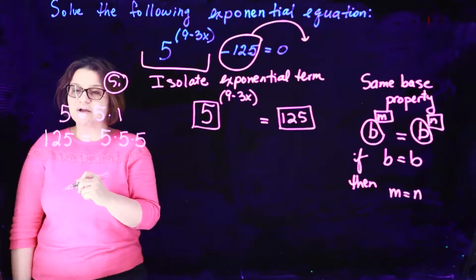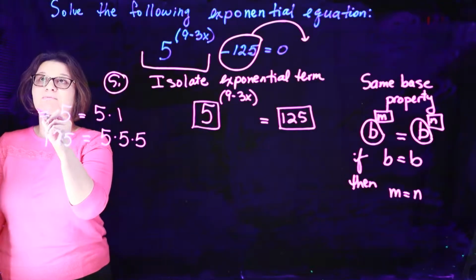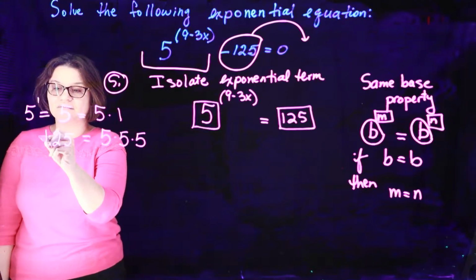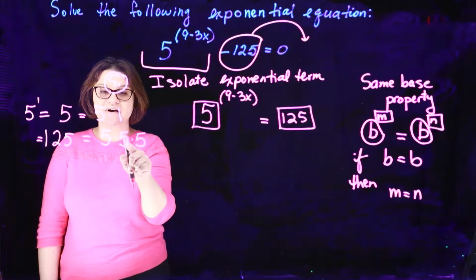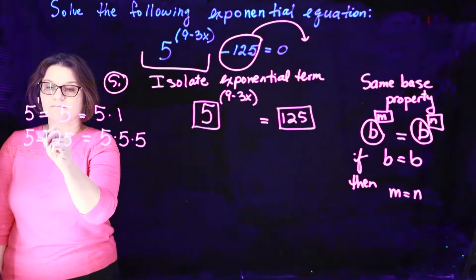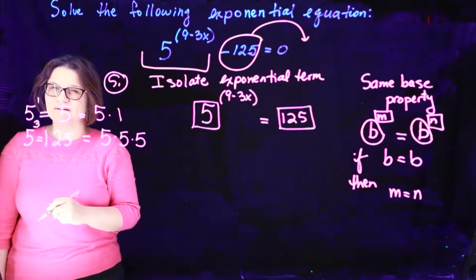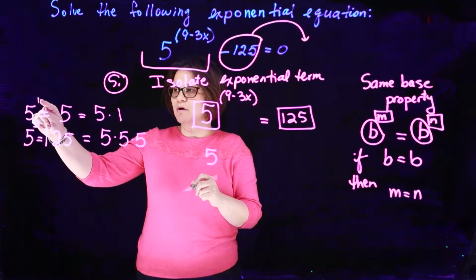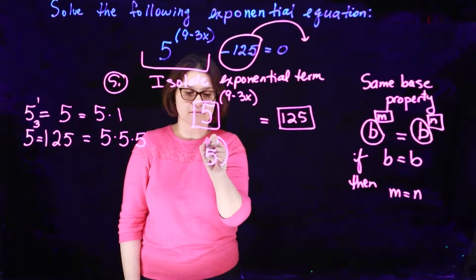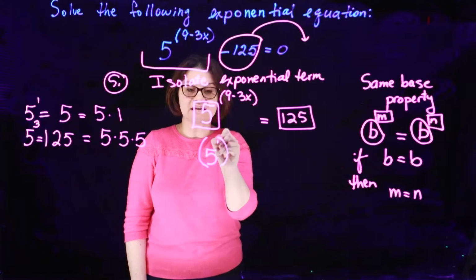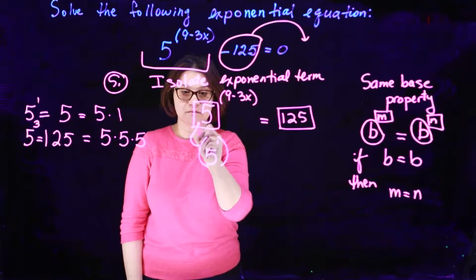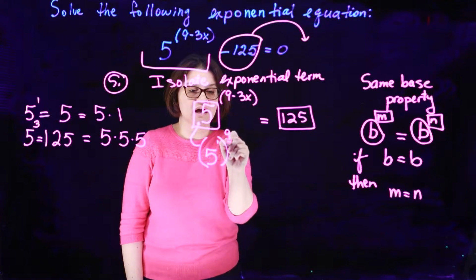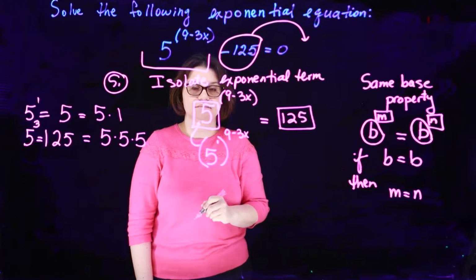Another way of saying it: 5 can be written as 5 to the power of 1, and 125 can be written as base 5 to the power of 3. Now let's see what we have. We have 5 to the power of 1, which still gives me the original 5, but the original base 5 was raised to the power of 9 minus 3x.